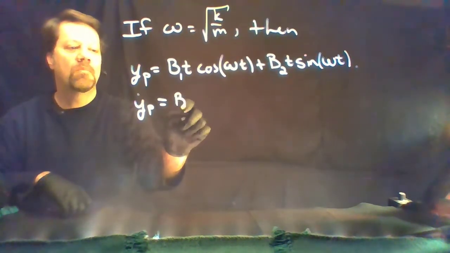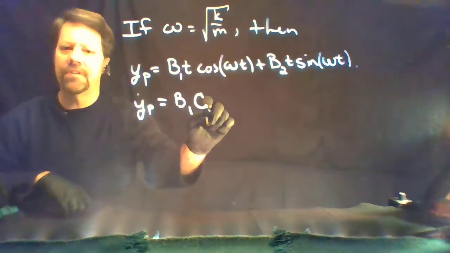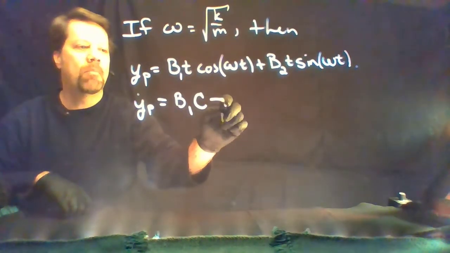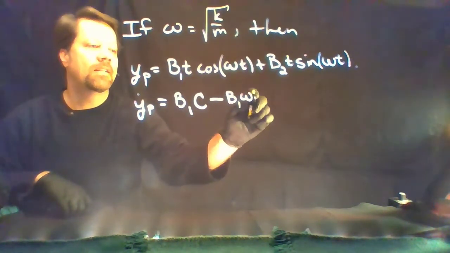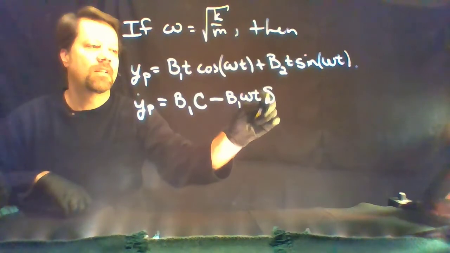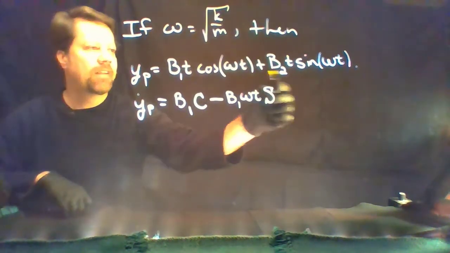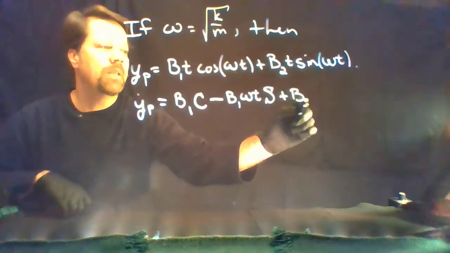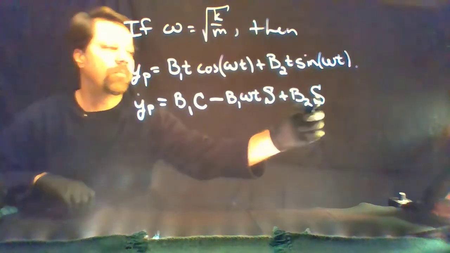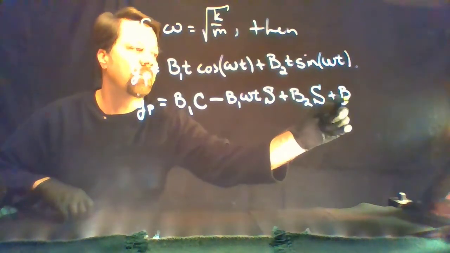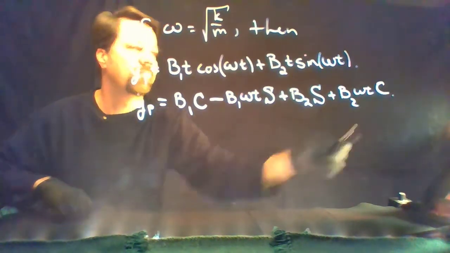So we'll get b1, and can I just write this as c for cosine, then minus b1 omega t times sine. That takes care of the derivative of the first term. And for the second term, we get b2 sine followed by plus b2 omega t cosine.